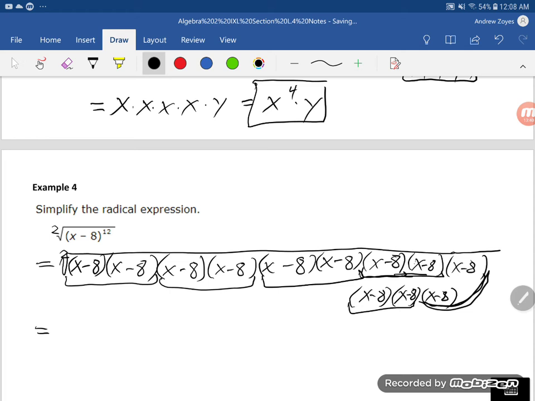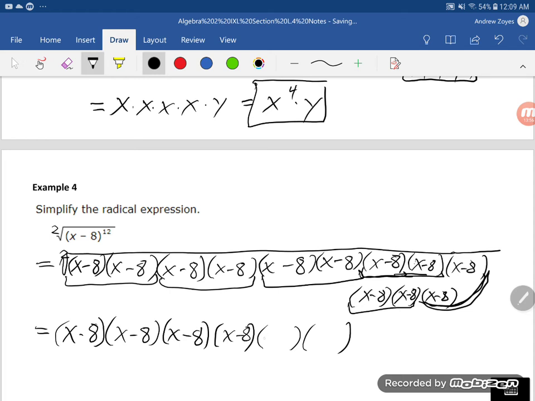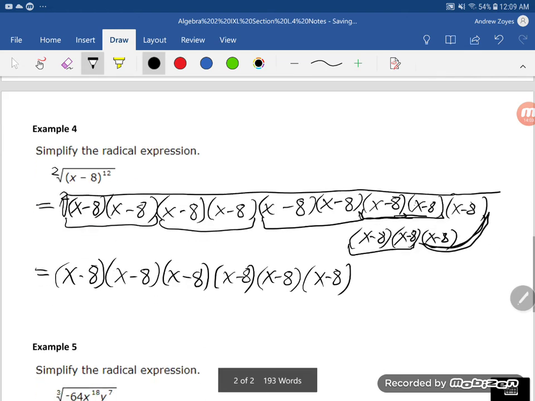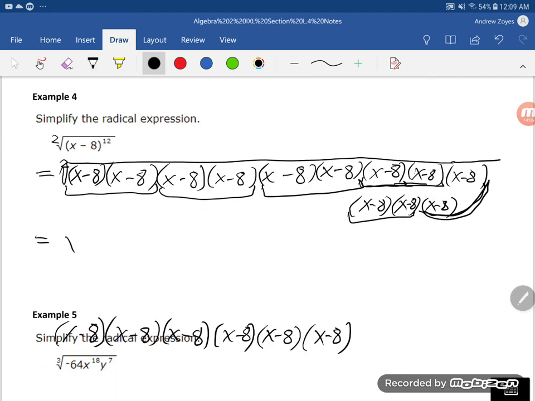So I will have x minus 8, 2, 3, 4, 5, and 6 x minus 8s, right? 6 of them. I had 6 groups, so that's what I was able to pull out. Notice, did I have any remainders? Any oddballs that were left behind? No. Right, we're good to go.